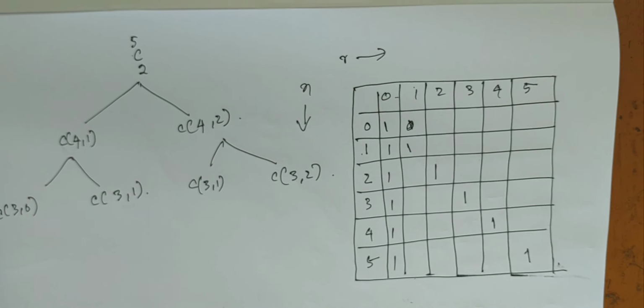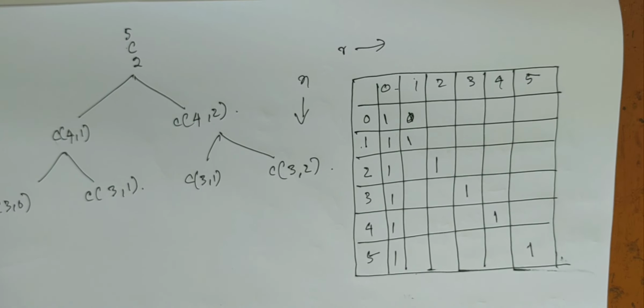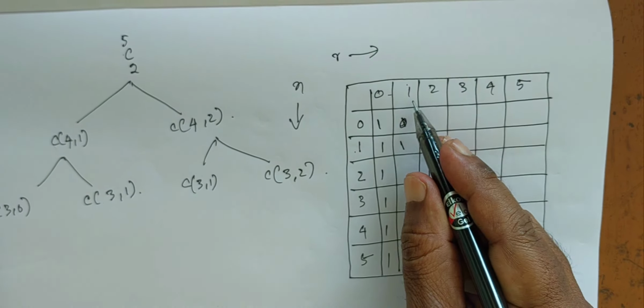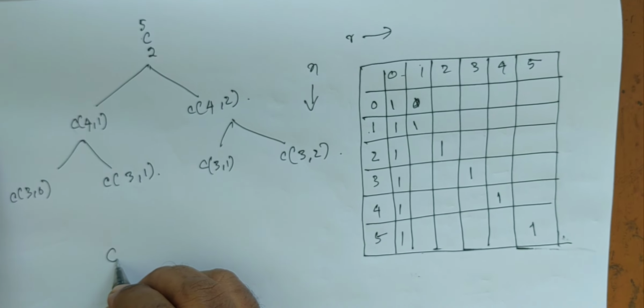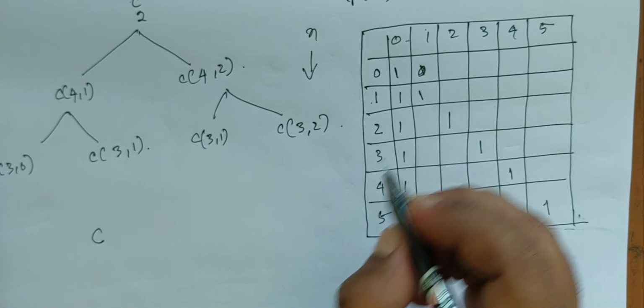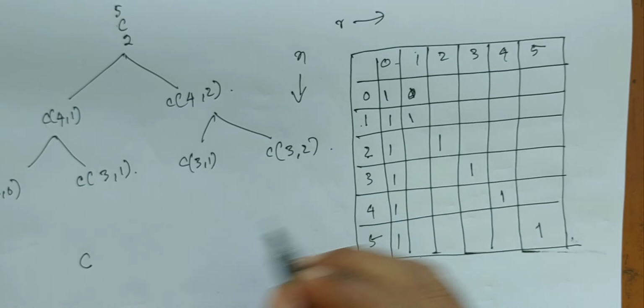Okay, so we will calculate nCr. We will calculate this one, C21.